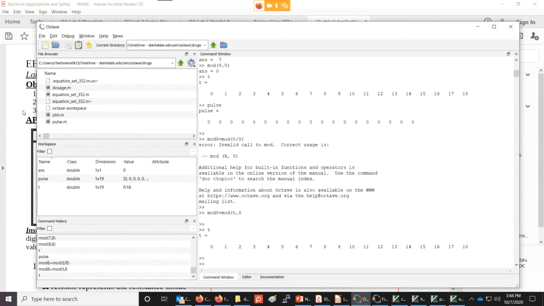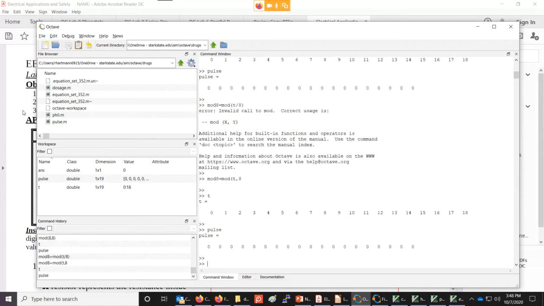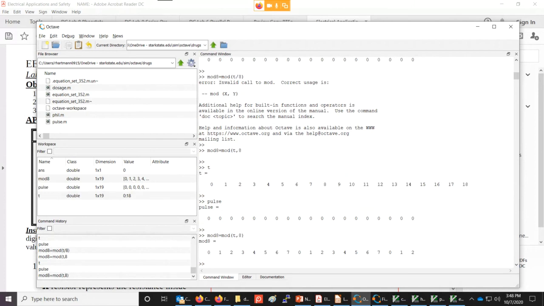So there's my t, and here's my pulse. Let's try this one more time. We're going to do mod of t comma 8 and then a parenthesis. Notice here it goes from 0 to 7, then it goes from 0 to 7, and then from 0 to 7 again, and of course it just ended at 18, so that's why it stops there. But as you run it longer, it would go longer.